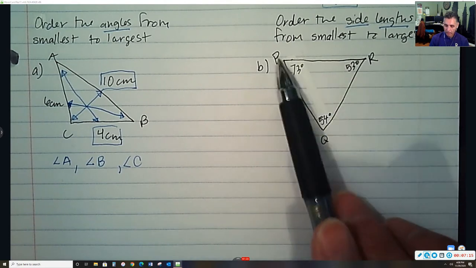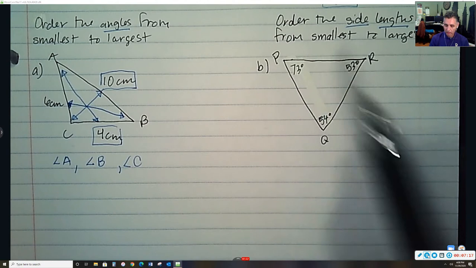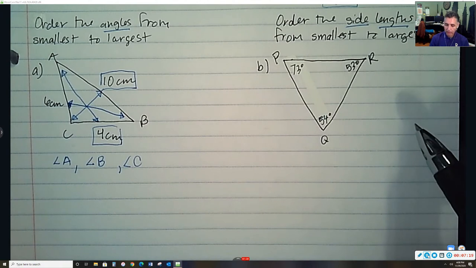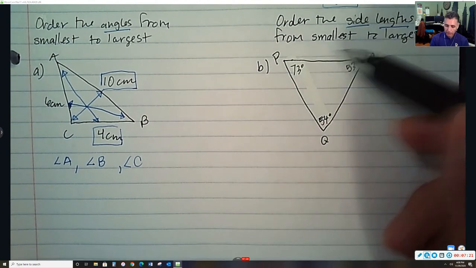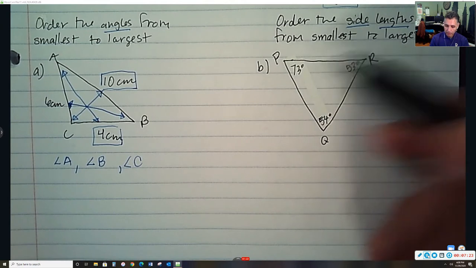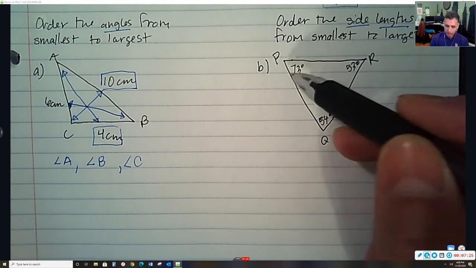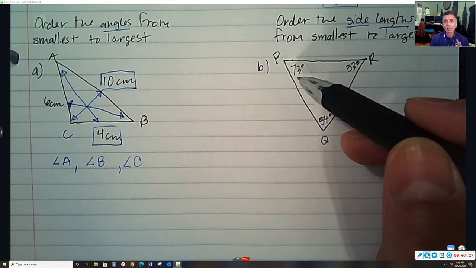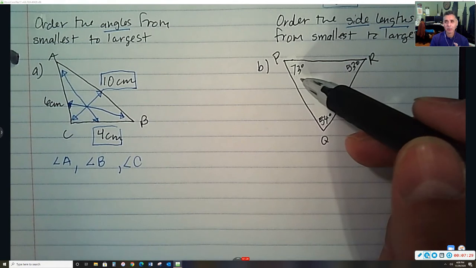Okay, now hopefully you guys realize there's 3 side lengths, and most of the time they just put them in order. Here you have PQR in alphabetical order. So first I'm just going to name the sides, that way you guys see them, and then I'm going to put them in order.